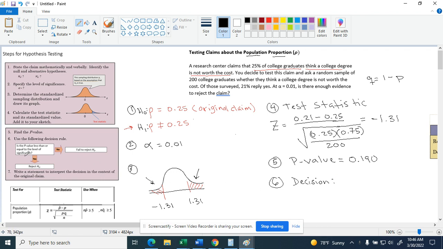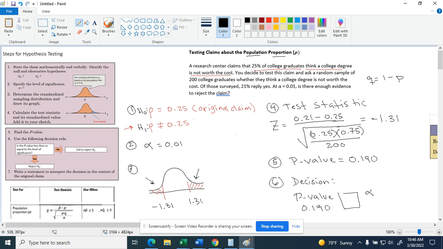You're going to answer this question: is the p-value less than the level of significance? Which basically means I'm going to compare the p-value, the answer I got in step 5, against alpha, the answer you put in step 2. So in step 5, I had 0.190. That's the p-value.